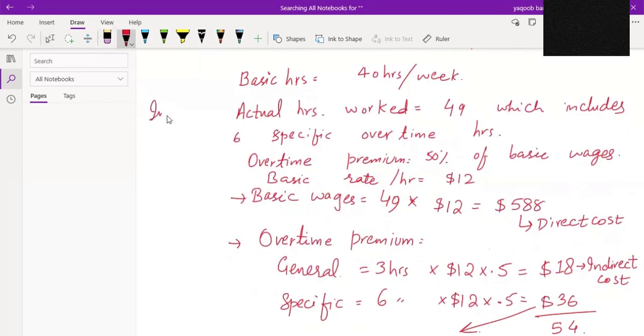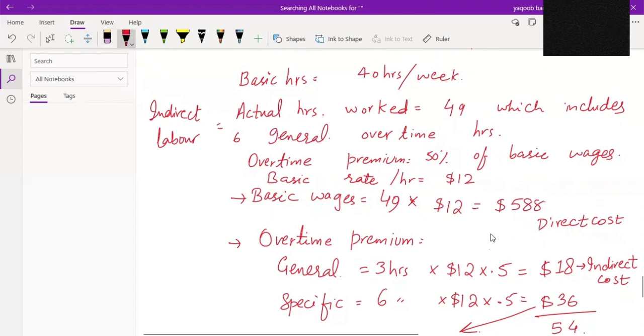Previously we assumed it is direct labor. Now it is indirect labor. Actual hours worked are 49, which includes 6 general hours rather than 6 specific. Rest is the same. Now what will be the change?